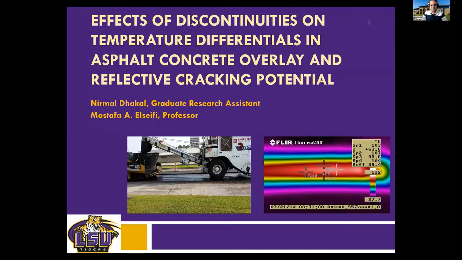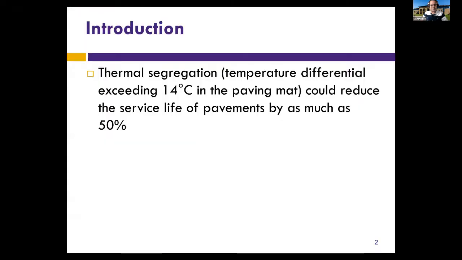So, if we start with a little bit of introduction, thermal segregation is one of the main types of segregation that we encounter in asphalt pavement construction, and it is defined as a difference in temperature of 14 degrees Celsius or more during construction.